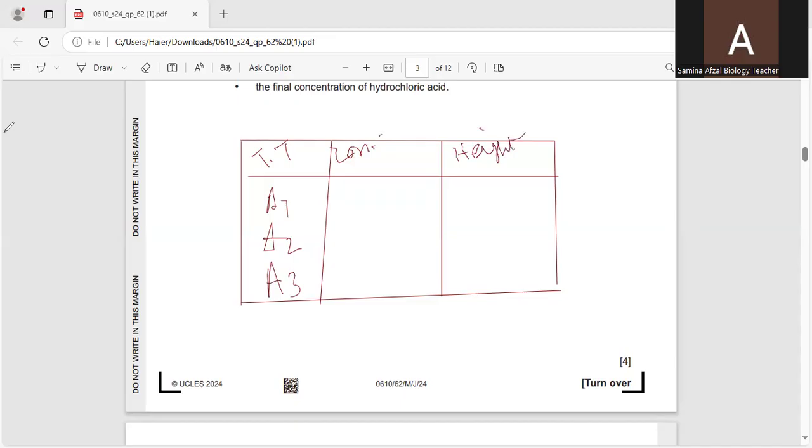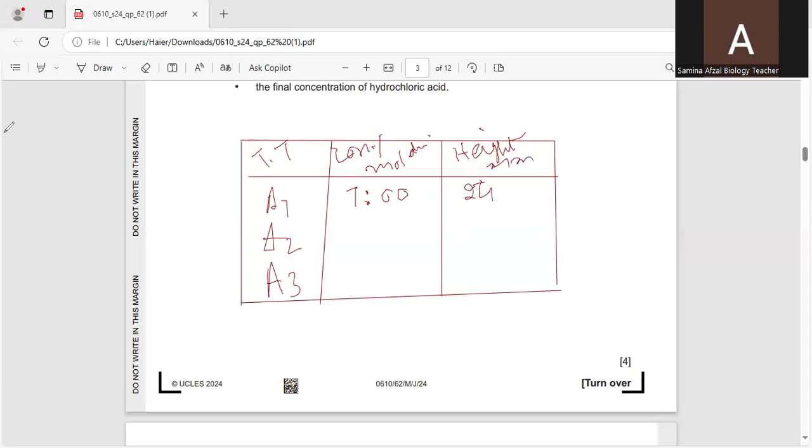Concentration in mole per cubic decimeter. So in A1, the concentration was 1 and the height was about 24 millimeter. We have to take the height in millimeter.